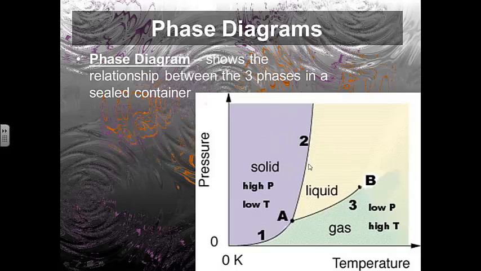We see liquids somewhere in the middle and gases at the high end of the temperature scale and the low end of the pressure scale. We also have some numbers on here that are used to label the lines, the three segments of lines, and two letters that represent the points, A and B.